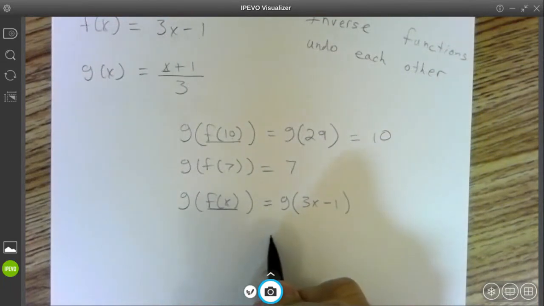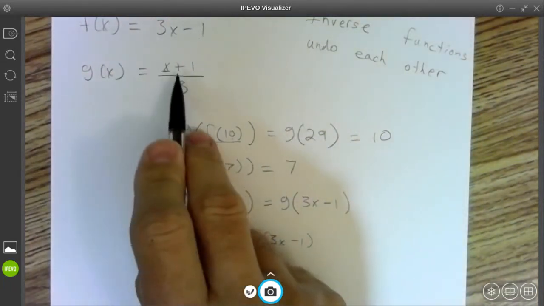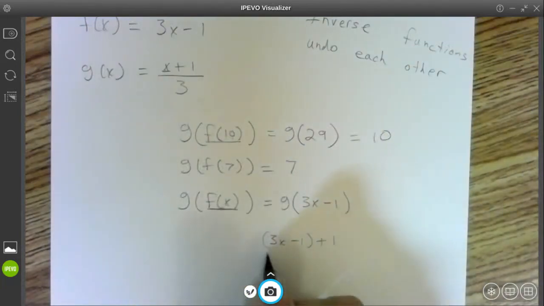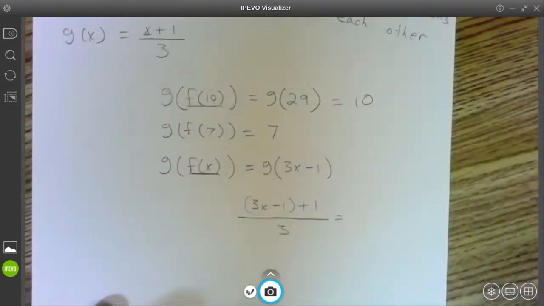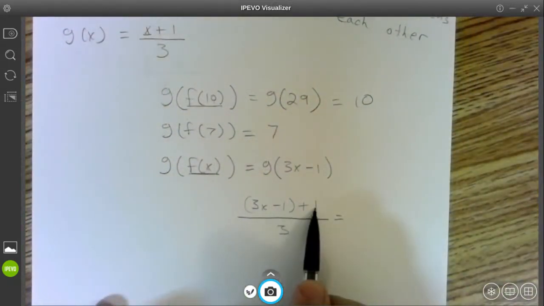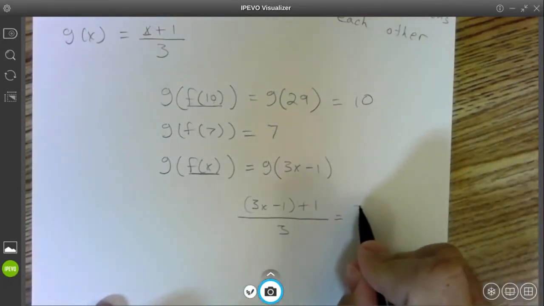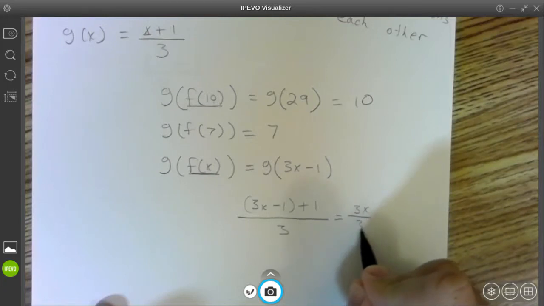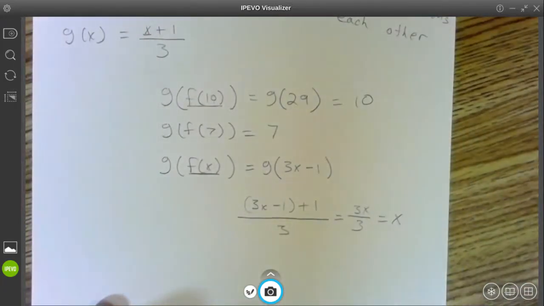So what I end up with is 3x minus 1, and then plus 1, all of that over 3. The negative 1 and the positive 1 just cancel each other out. I can drop parentheses, and so I'm left with 3x over 3. The 3's cancel each other out, and I'm left with x.